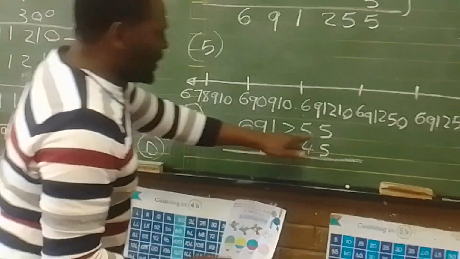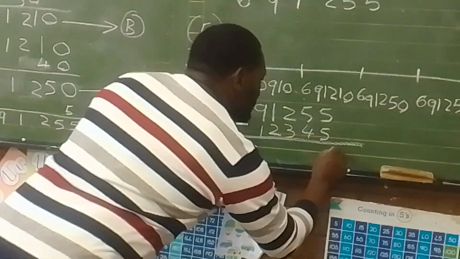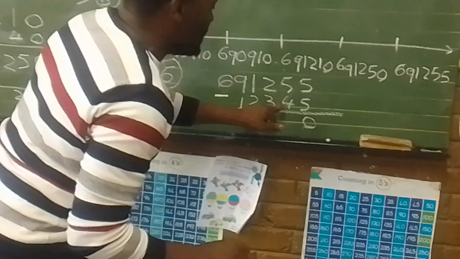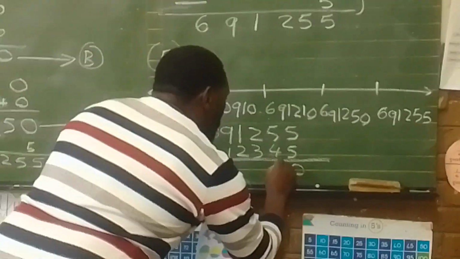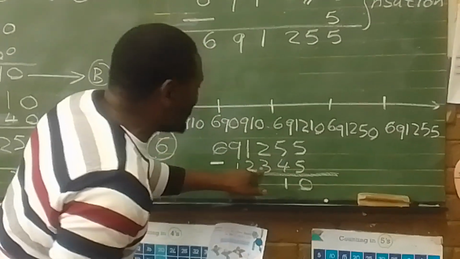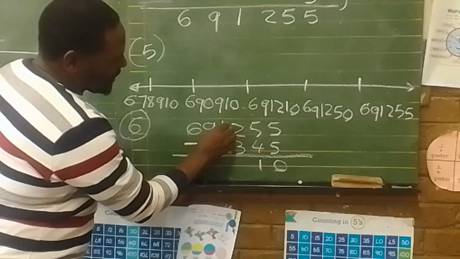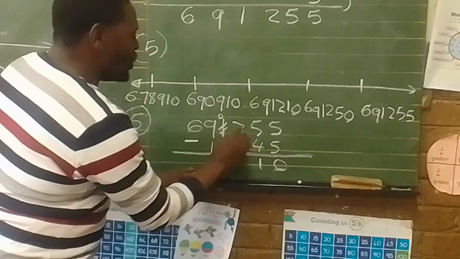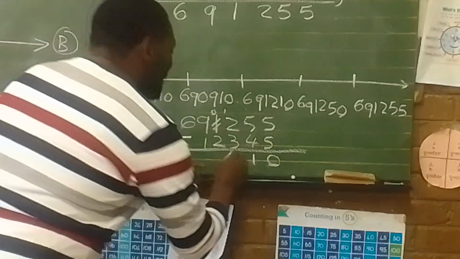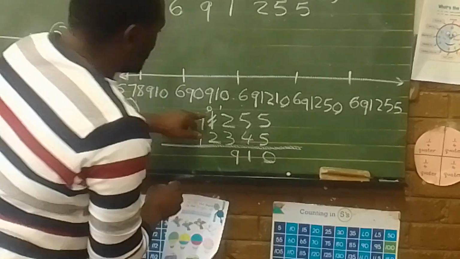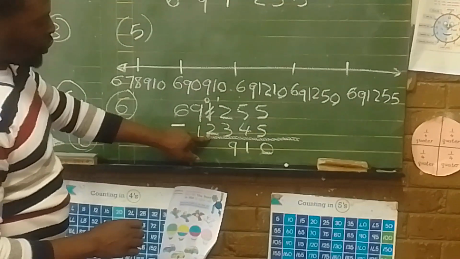Now we subtract. 5 minus 5, 0. 5 minus 4, 1. 2 minus 3, impossible. You cancel this one, you are left with 0. You borrow that one, which is 12 minus 3, it's 9. It's 0 minus 2.